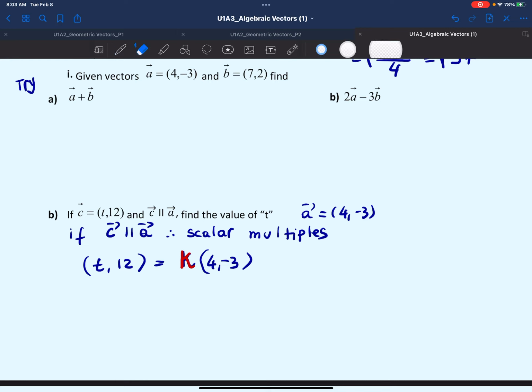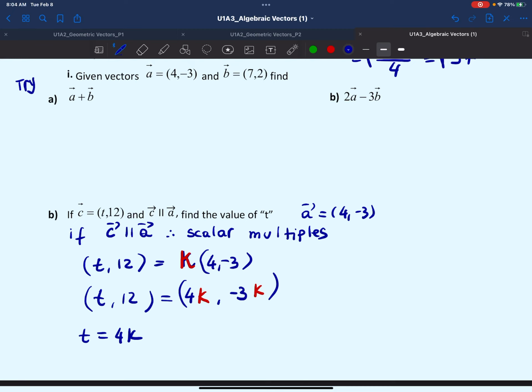Let me just write one more step in here, actually, just to make it more clear. So that would be like 4k and negative 3k. So that means that t equals 4k and 12 equals negative 3k.